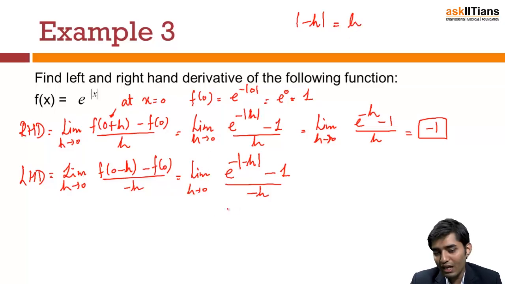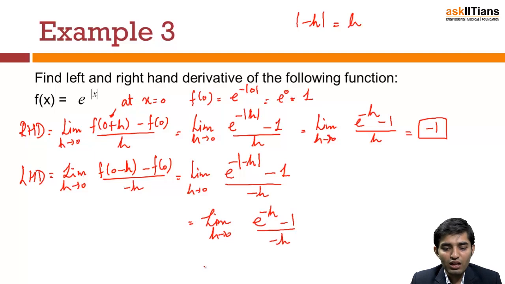So this will be limit h tending to 0, e to the power minus h minus 1 divided by minus h, and if that limit is 1 then we have one extra minus sign, so this limit will be plus 1.